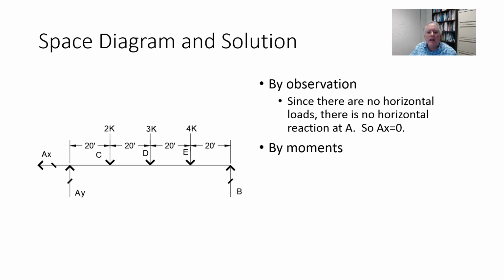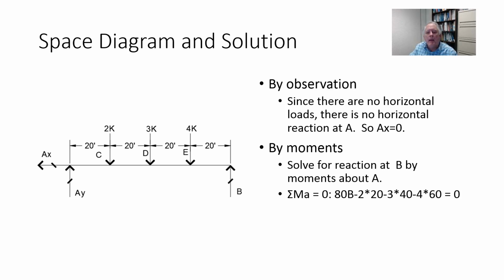By moments, I can choose to take moments about A or B to solve for the reaction that's not at that point. So let's solve for the reaction at B by taking moments about A. Here's our equation: the sum of the moments at A, with all the distances measured from point A, has got to equal 0.